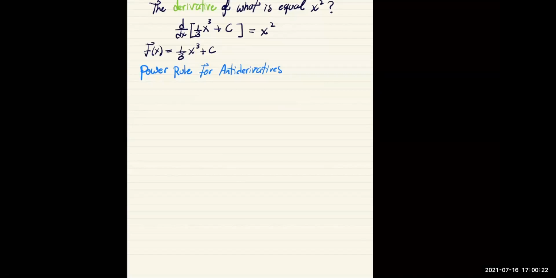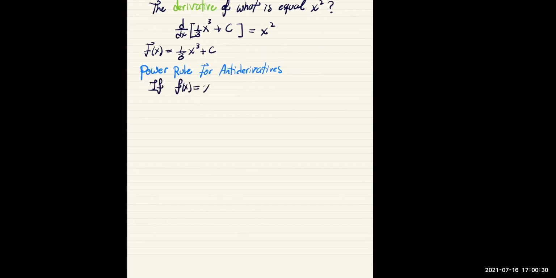Power rule for antiderivatives says that if little f of x is some power function x to the n, then an antiderivative, capital F means antiderivative, is going to be x to the n plus 1. Again, we are doing the opposite. For the power rule for derivatives, we took away 1. Here we add 1, as we did right here. That's a 3.